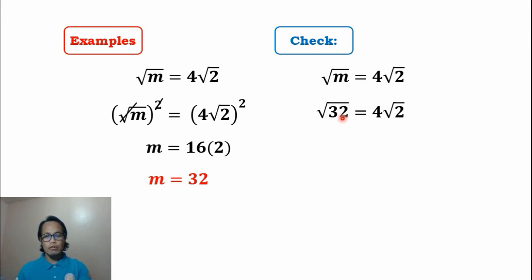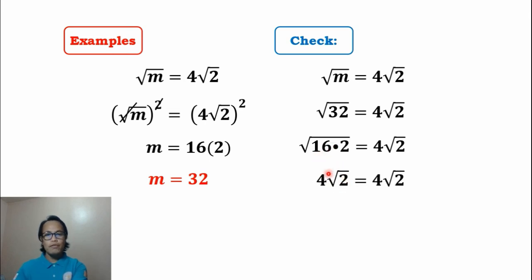We can have 16 times 2. When we multiply 16 times 2, that gives us 32, and 16 is a perfect square. Then we get the square root of 16, which is 4, and place that outside the radical symbol. So we have 4 times the square root of 2. Since 2 is not a perfect square, it shall remain inside the radical symbol. So we have 4 square root of 2 is equal to 4 square root of 2, which is a balanced equation. So therefore, our value for m is correct.